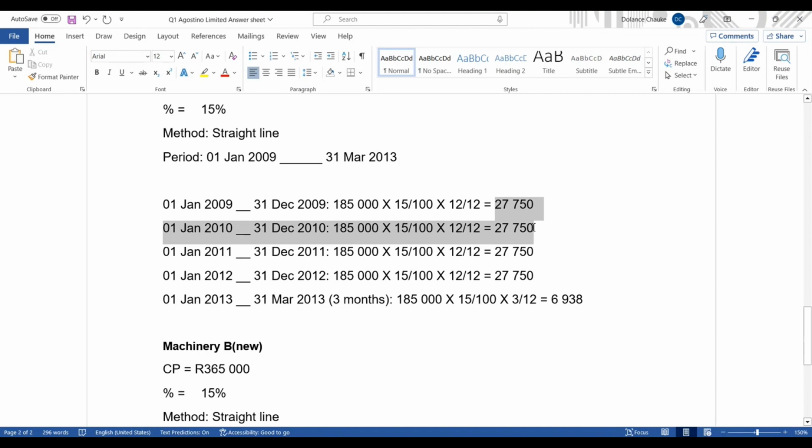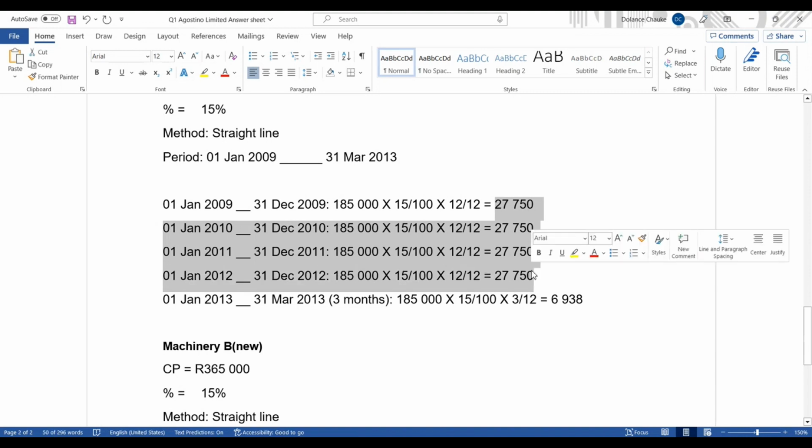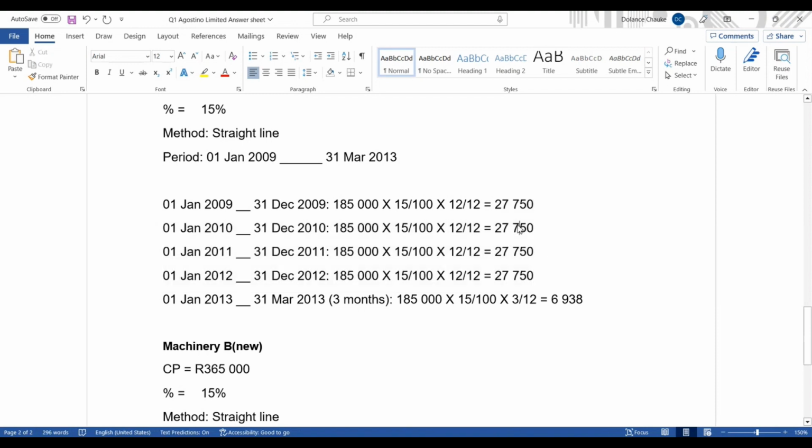And then in 2011, we're going to have plus that. In 2012, we're going to have plus that. Then at the end of 2012, we have an accumulated depreciation of 27,750 for 2009, plus the one of 2010, plus the one of 2011, plus the one of 2012. I don't know if I make sense in that manner.